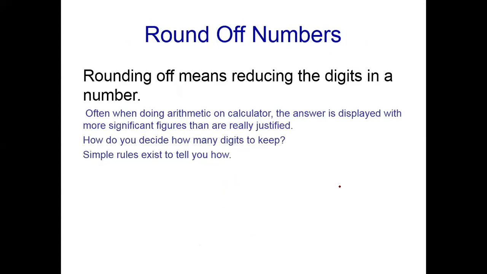Okay, you know what rounding up is. When you are decreasing the number of digits, there is one small, very easy rule. Different books show different types of rules, but I will tell you one.